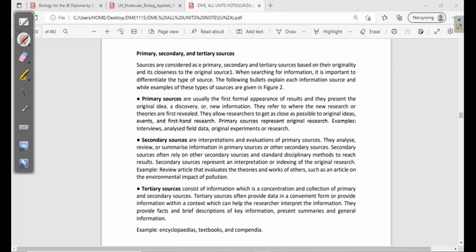Now, sources are considered as primary, secondary, and tertiary sources based on their originality. So, just like when you are studying, for example, when you want to understand about proteins. You say proteins are on different levels. You've got the primary level, which is very basic, which will just tell you of the basic construction of proteins.